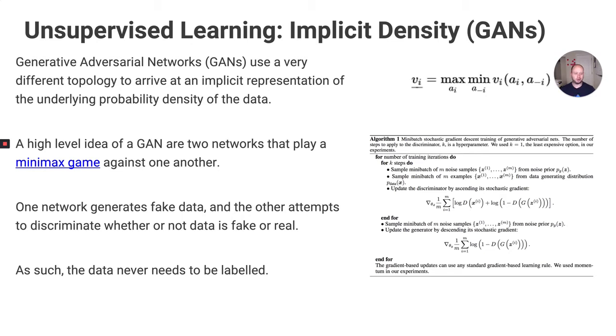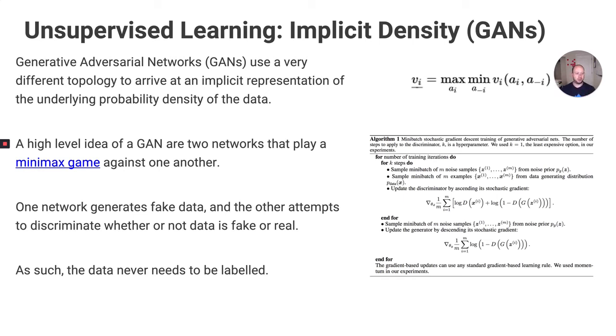You can see this codified in the algorithm here in the bottom right, where we update the discriminator in a way that the loss is related to how often it correctly identifies true data. So x_i in this case is correct data, say a bunch of faces.